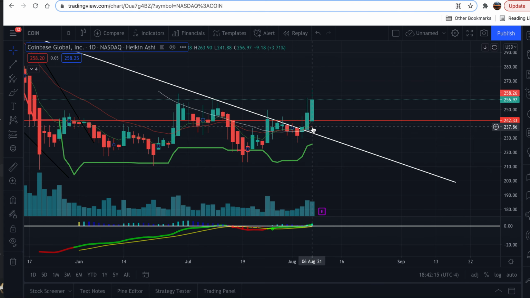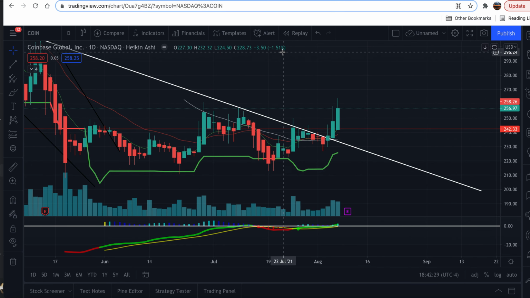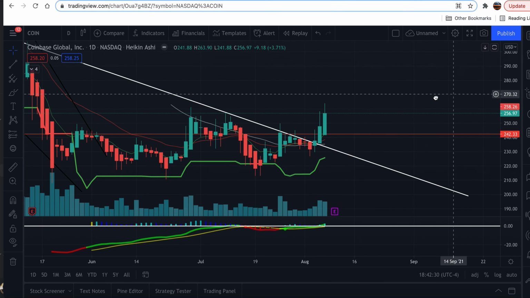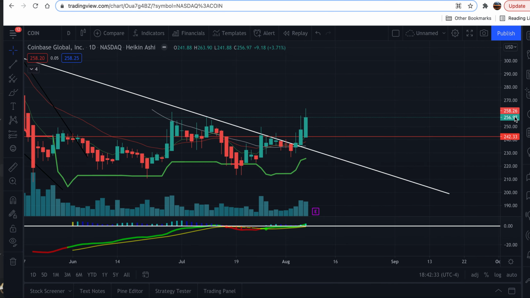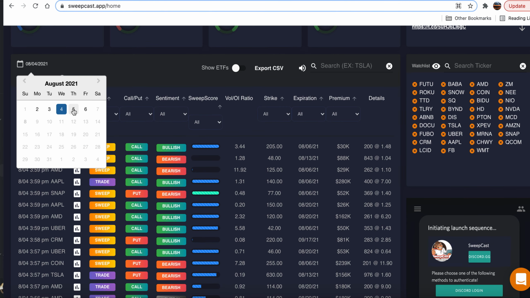Coin ended the day on August 4th about 237.59, and opened the day about 235, so it was about a $1.50 drop. So you could have probably made a couple percentage on that if you swung those Coin puts, right? All right, so let's go to the next day, August 5th.